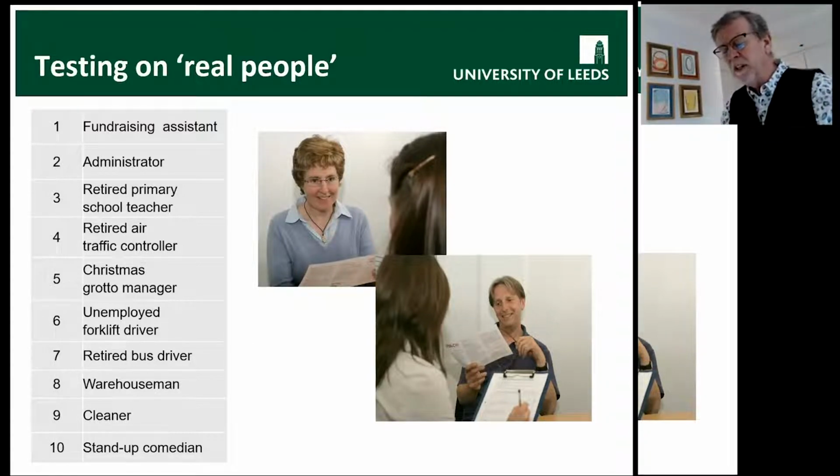And so you can see that these are people with a variety of backgrounds. And so this is what I call real people. These aren't expert patients, the people who might be involved in patient groups or other groupings that we get together. These are representative of the general public. And they're much more likely in user testing to find where the problems are.